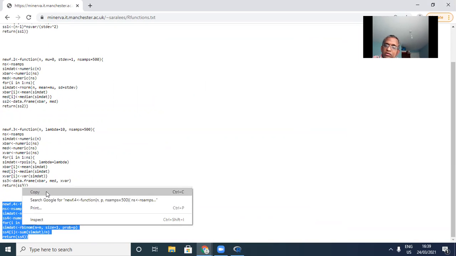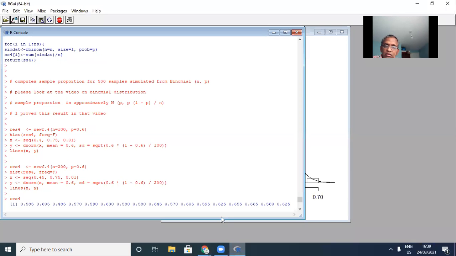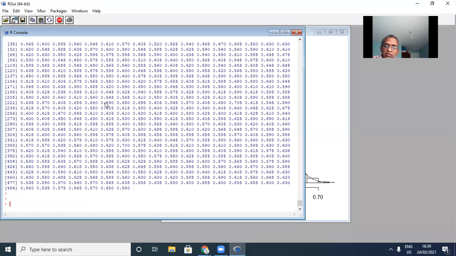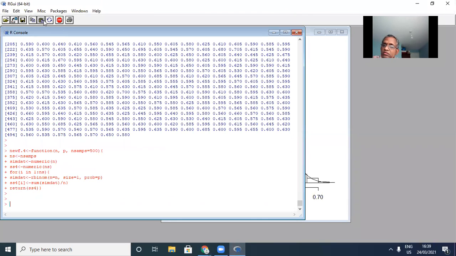You need to copy it correctly, then go back to R and paste it like this. So you need to copy and paste, and then it should work. All right. Any other questions, guys?